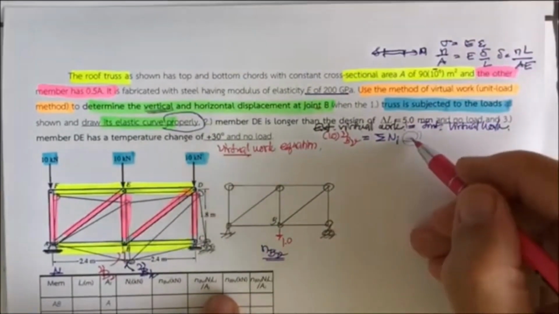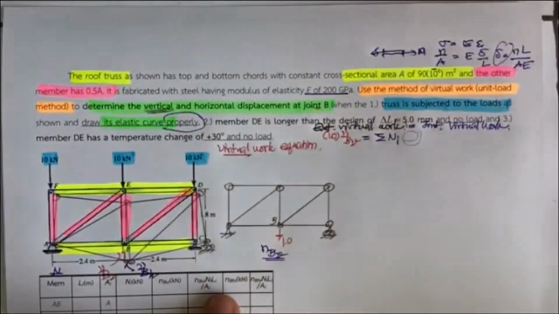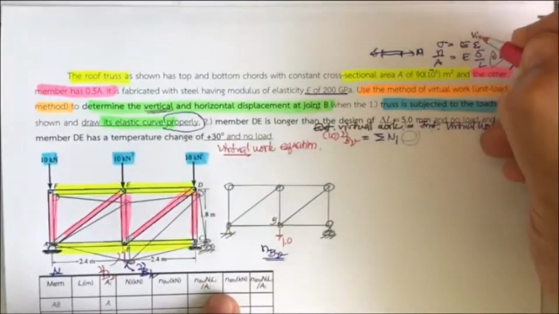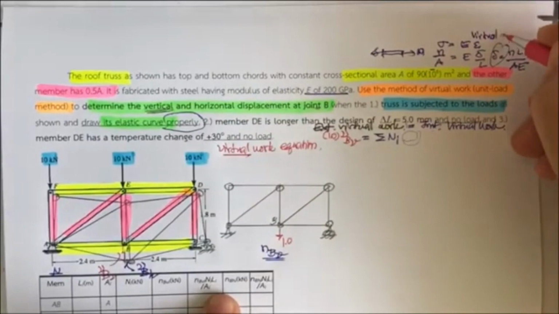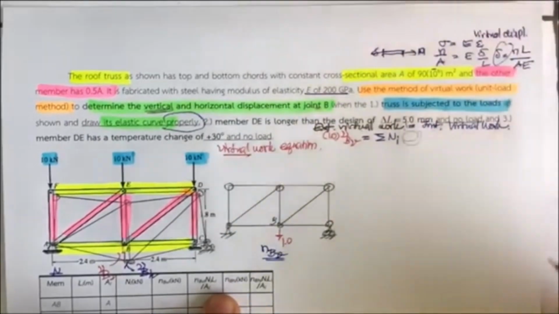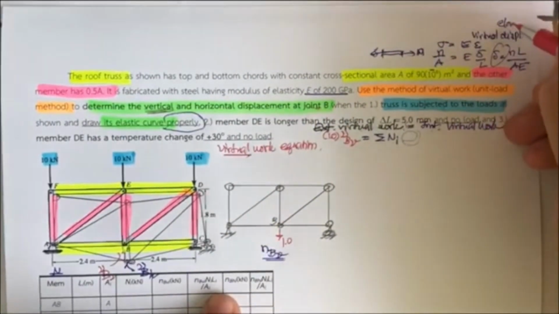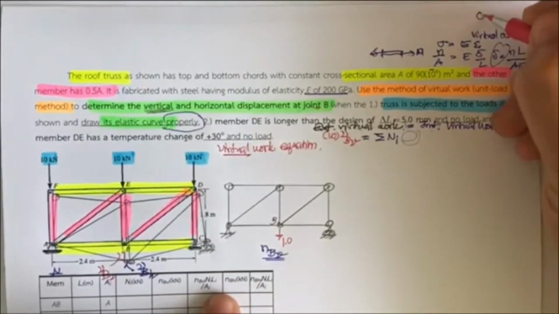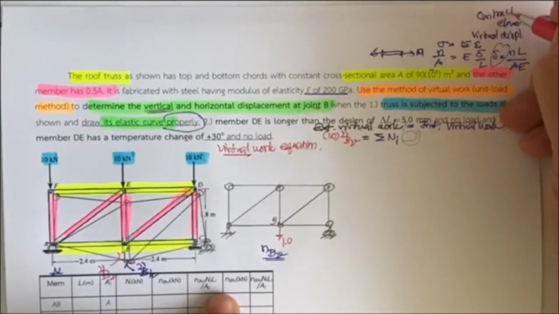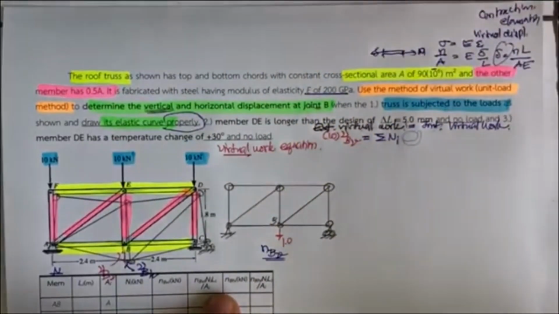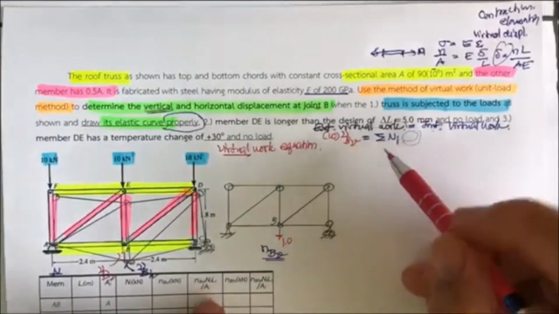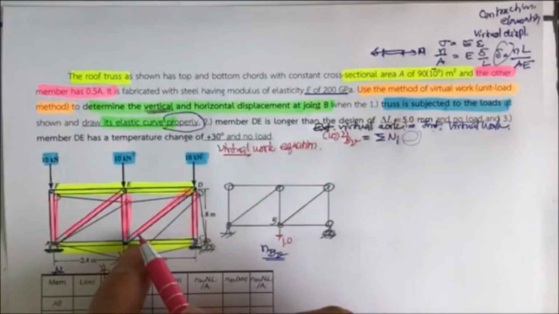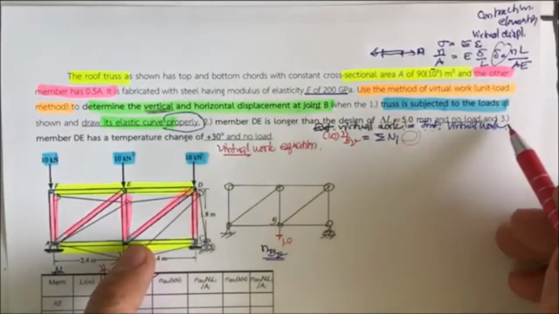So this term is going to be the virtual displacement, or elongation or contraction of the member, and then times the real force, it's going to be the internal virtual work.